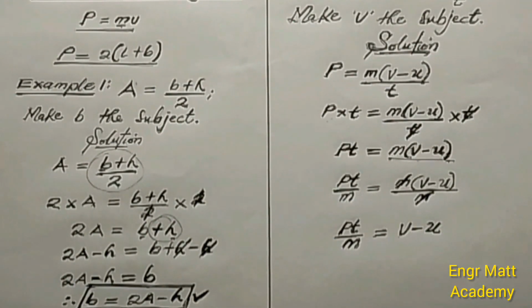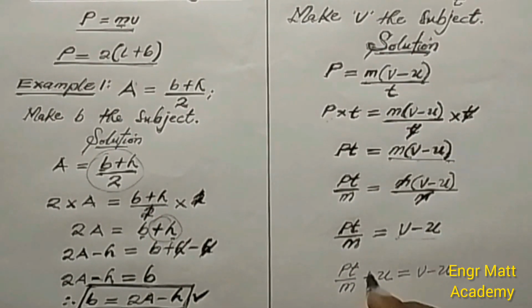So the operation left here is subtraction. We will add U to both sides. That is PT over M plus U equals V minus U plus U.